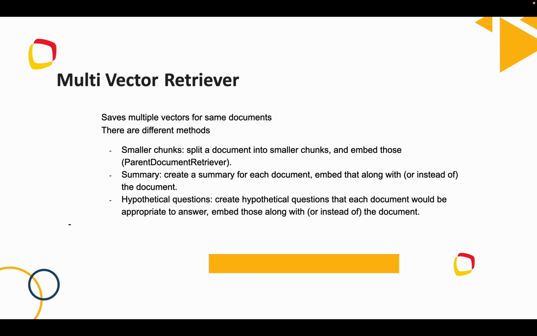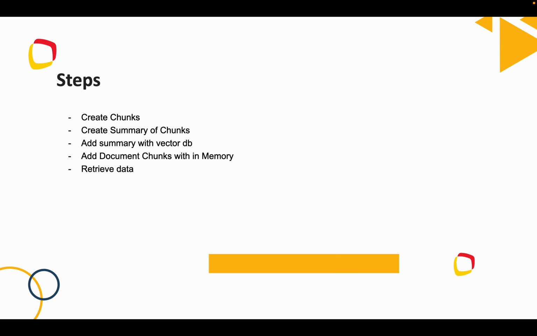So these are the three different methods of the multi-vector retriever, and in this video we will be concentrating on the summary multi-vector retriever. Let's see the basic steps involved in creating a multi-vector retriever with respect to a summary. First we need to create chunks, then we need to create a summary of the chunks. How will we create that? We will use an LLM model.